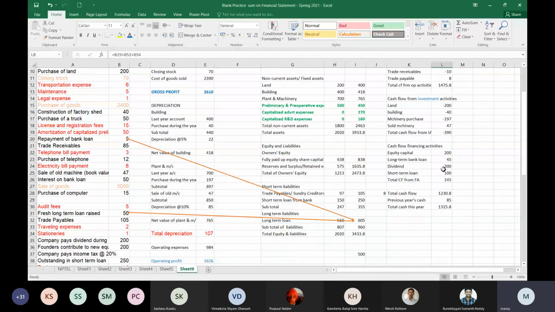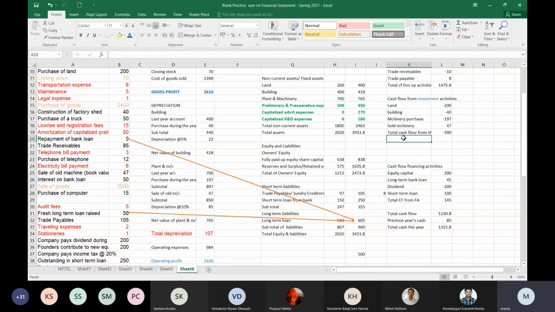See, this is in investment activity. In investment activity, good that this mistake happened. In investment activity, this also should go. We have invested in R&D expenses. We have also invested in advertisement, and we have not shown that as expense.